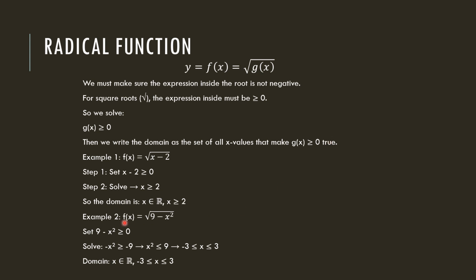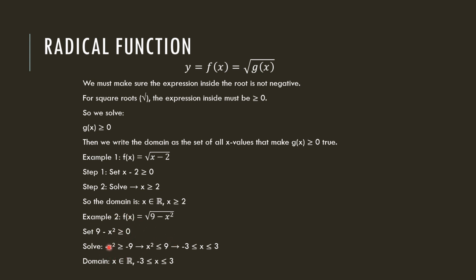So let's repeat the same thing for example 2. For example 2, we have f of x equals the square root of 9 minus x squared. So here we set 9 minus x squared to be greater than or equal to 0, and we solve this particular inequality.